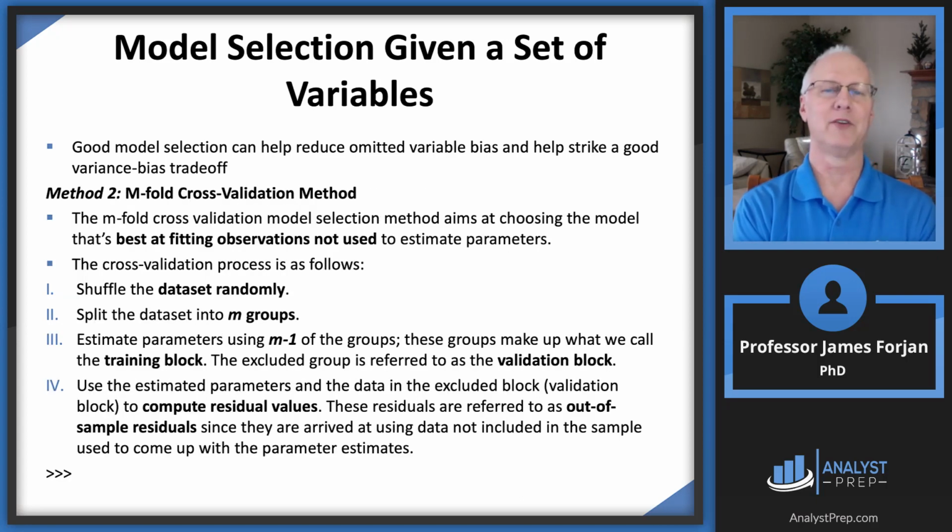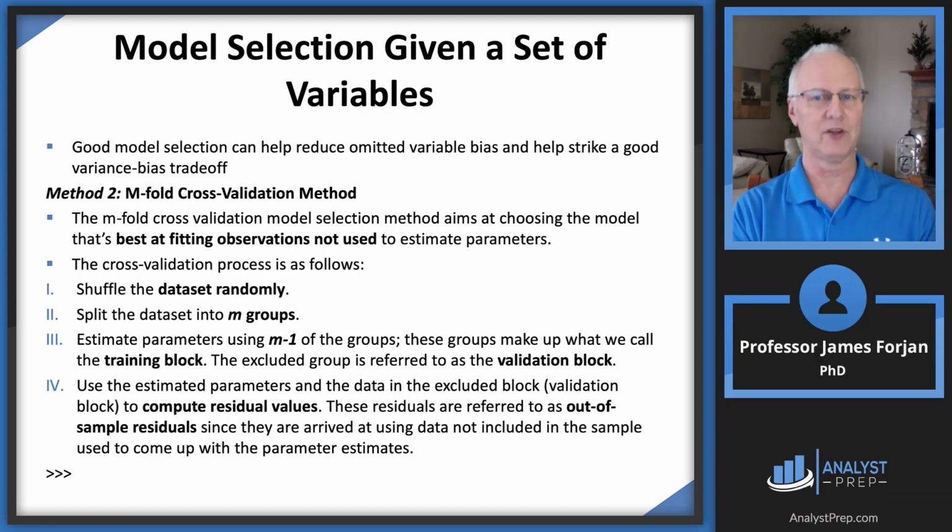All right, how about method 2, the M-fold cross-validation method? What we're doing here is we're going to choose the model that's best at fitting the observations that are not used to estimate those parameters. So we have this huge data set, so we shuffle it randomly, and then we split it into M groups. Then we estimate the parameters using M-1 groups to make up what's called the training block.